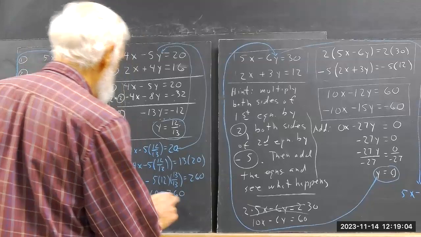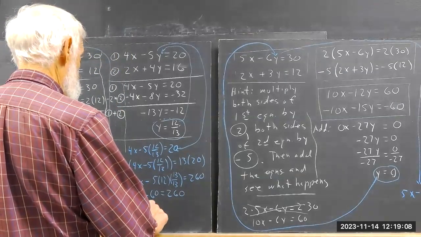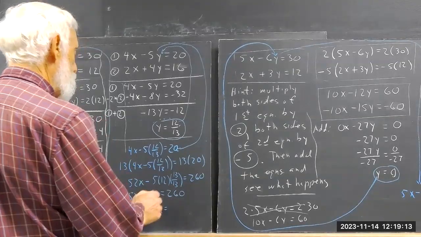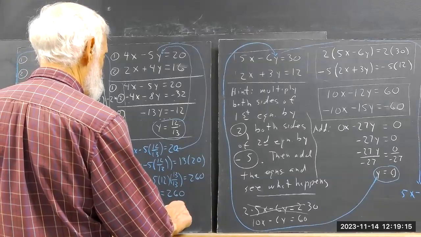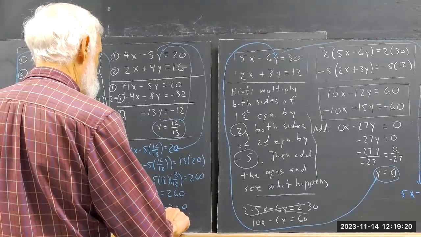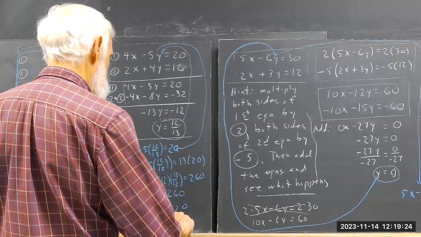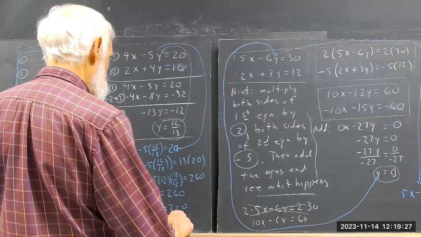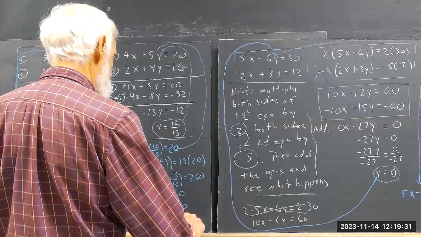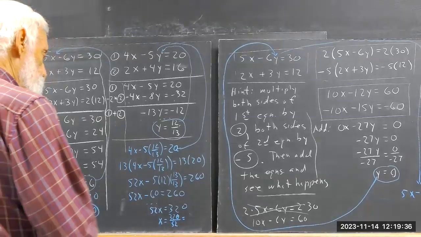We get 52x minus 60 equals 260. We add 60 to both sides. We get 52x equals 320. X is 320 divided by 52, which reduces to 80 over 13.